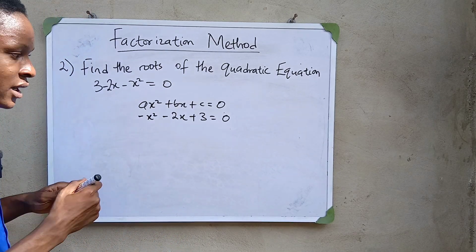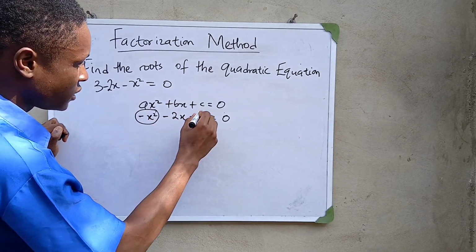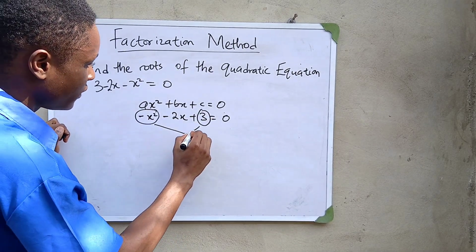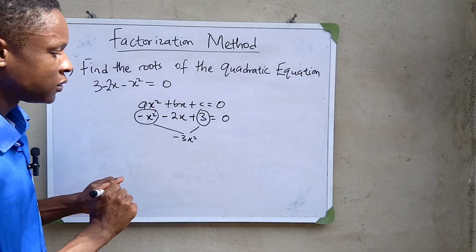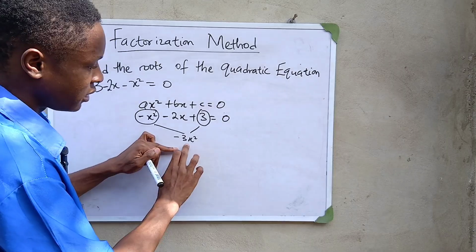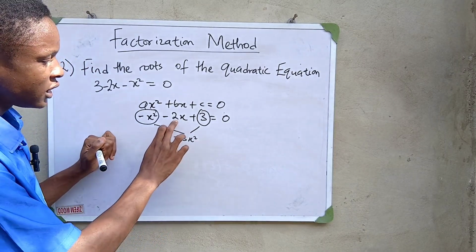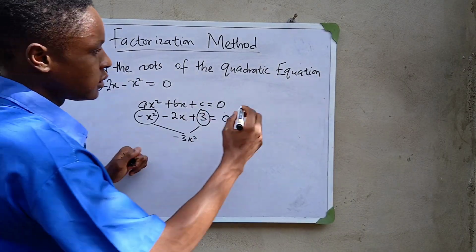The next thing is that we multiply this part of the equation and this part of the equation, giving us minus 3x squared. Now we are going to look for two numbers that multiply each other to give minus 3x squared and add each other to give minus 2x.